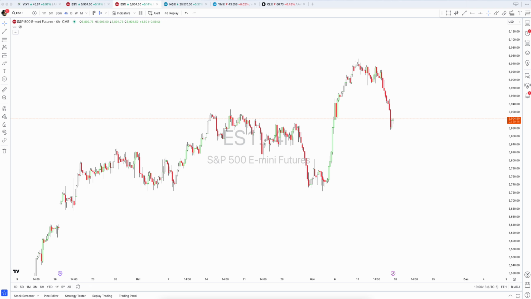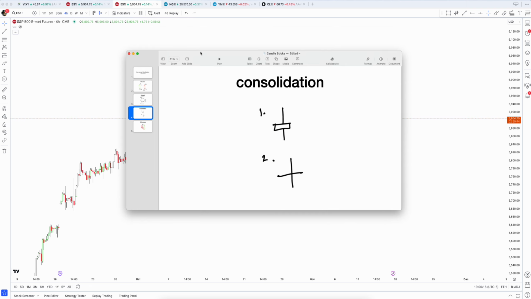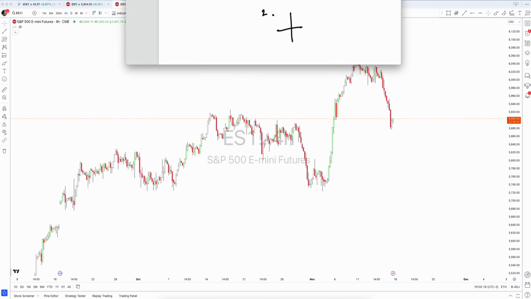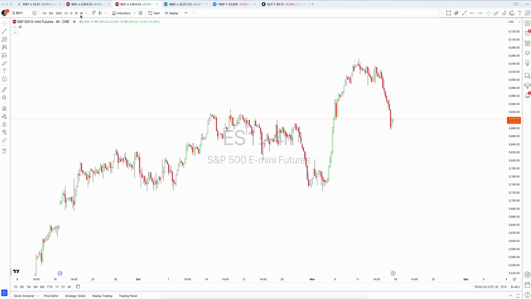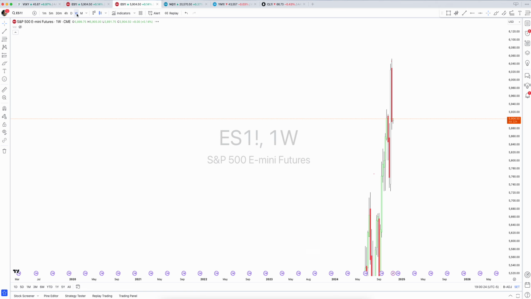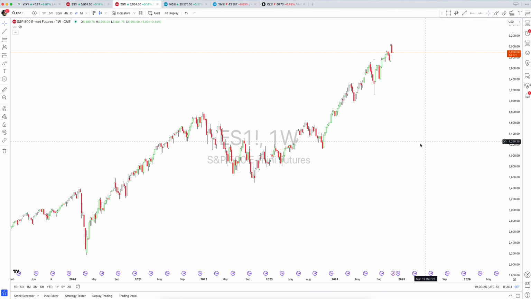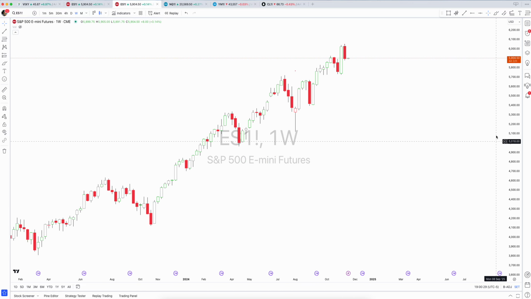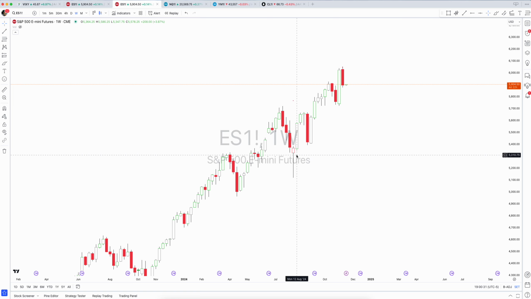All right, and the last thing I want to talk about is consolidation candles. These are doji candles. Let's take a look at bigger time frames so we don't have that much noise. So what's a doji candle?